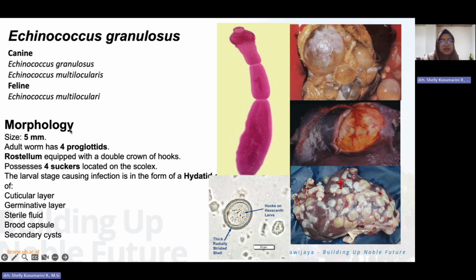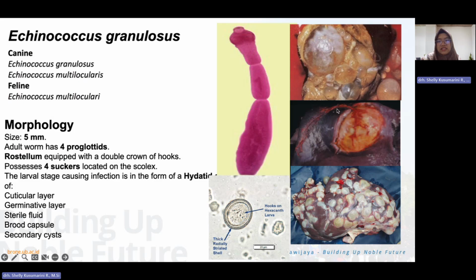For the morphology, they have a minimized size, only 5 millimeters, including 4 proglottids, and in the scolex they have a rostellum and suckers. The larval stage is the hydatid cyst.